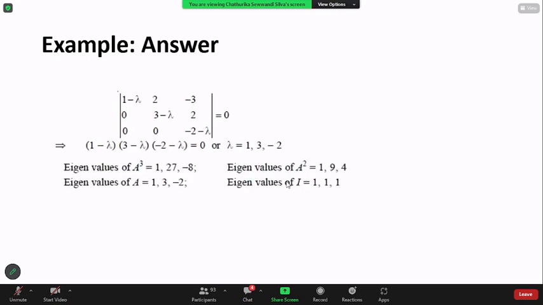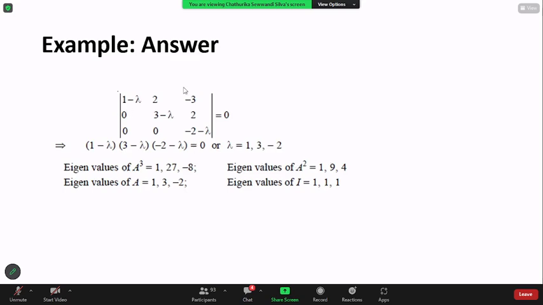Right. So here they are separately showing us the eigenvalue of A to the power 3. As you told me, eigenvalues of A to the power 2, eigenvalue of A, are already there, and the eigenvalue of I is 1, 1, 1. With the help of these, how did you get the eigenvalue of A cube and A square?